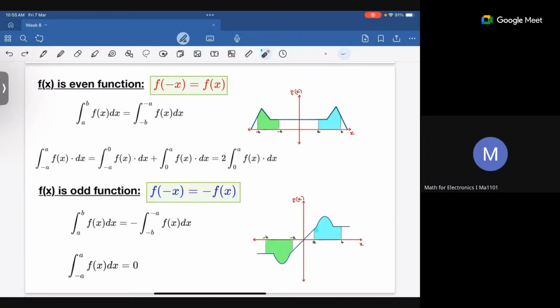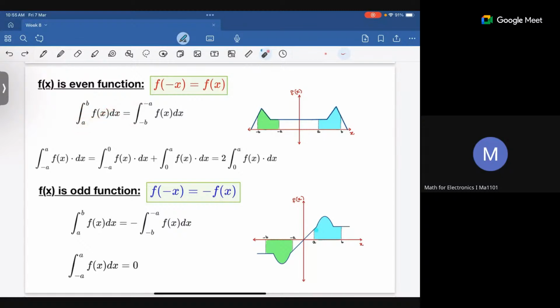And what is the use? If you have an even function and you are trying to compute the integral from a to b of f of x dx, then that definite integral is equal to the integral from minus b to minus a of f of x dx. You take this b, negate it, and take this a, negate it.